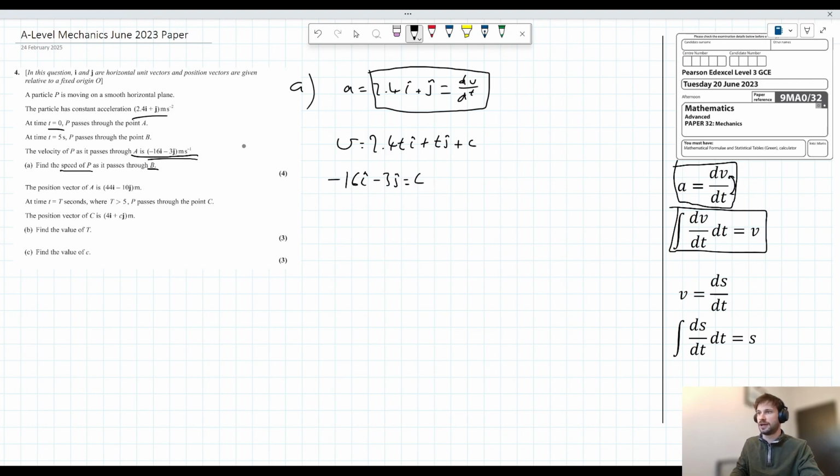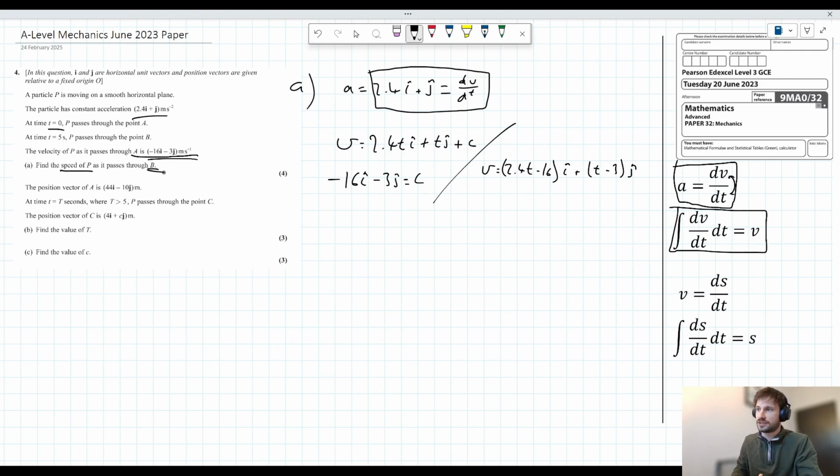Since t is equal to 0 here, these two terms cancel out. We can combine these two ideas to give an overall function for velocity with respect to time. We can say that velocity is equal to (2.4t minus 16)i plus (t minus 3)j. So we have a function of velocity with respect to time here.